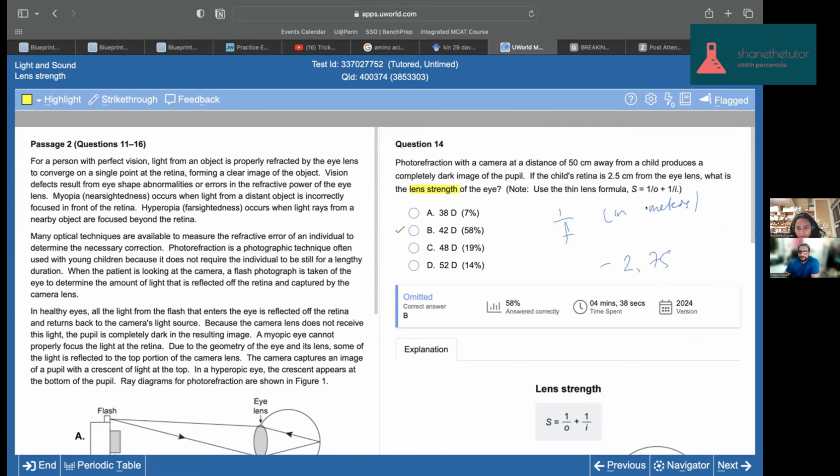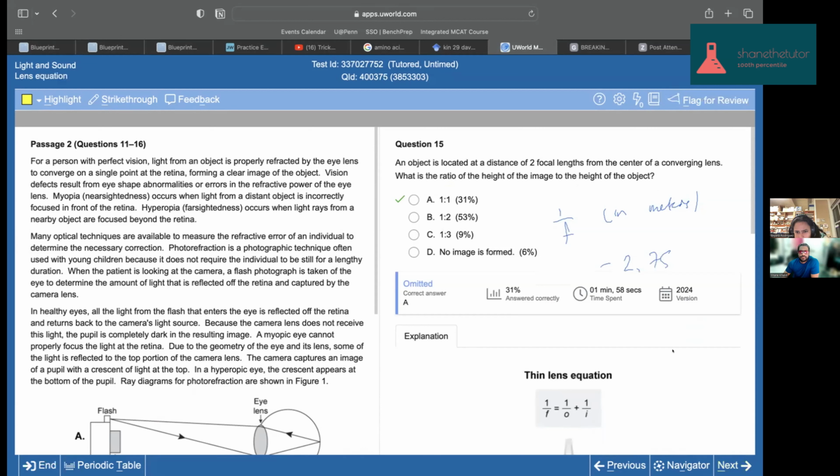An option is focal distance, two focal lengths. Yeah, this one was tricky to me. But because they asked for the ratio, it was something to do with triangles.